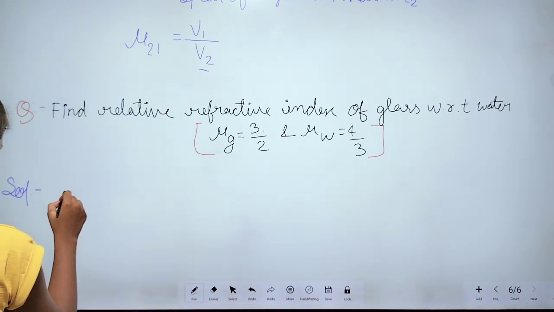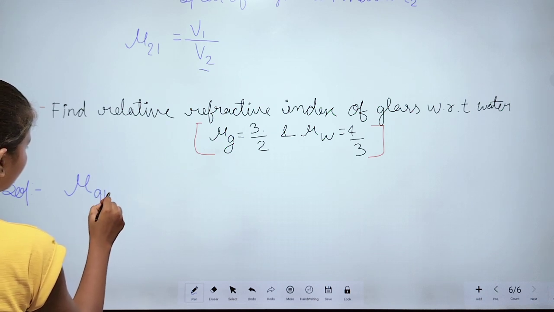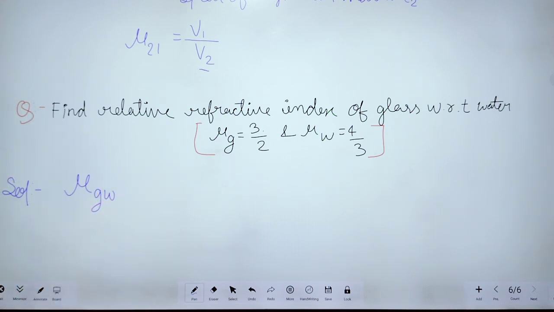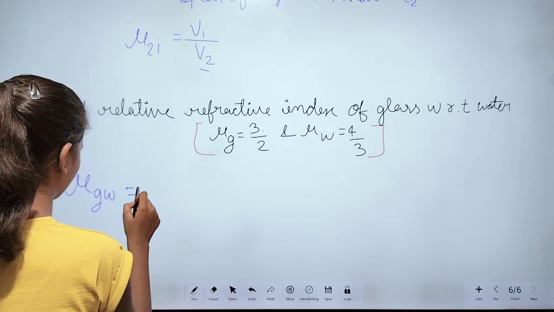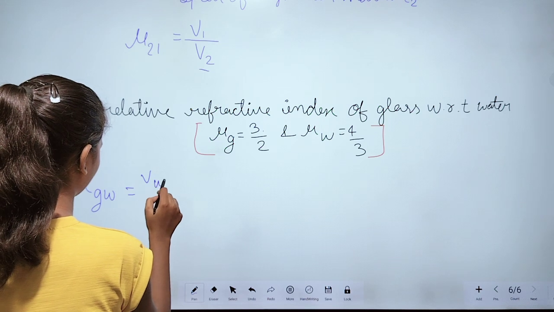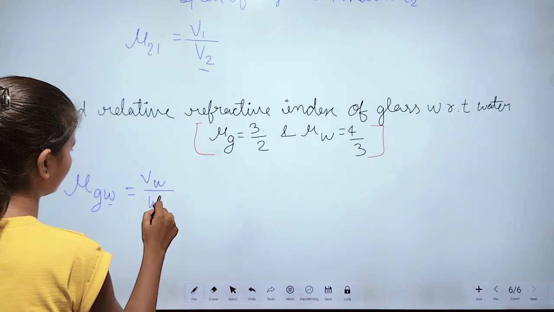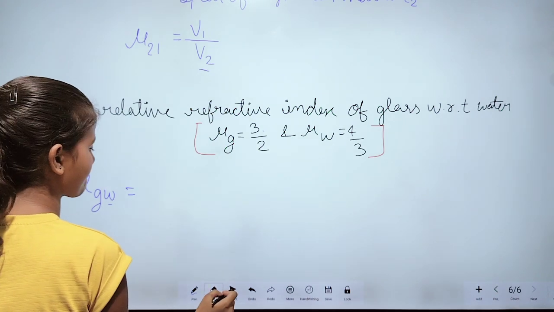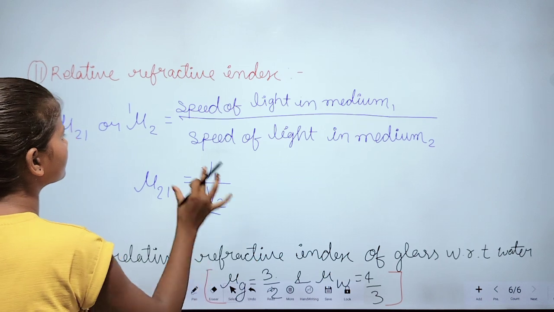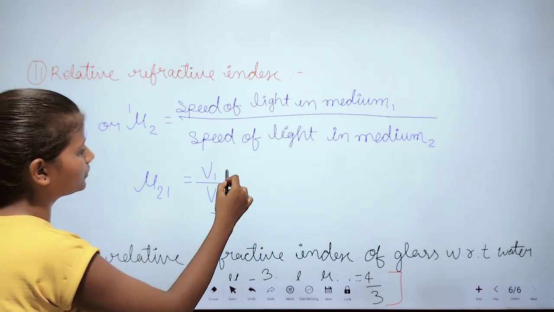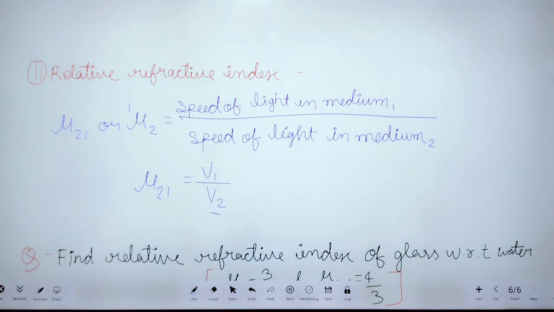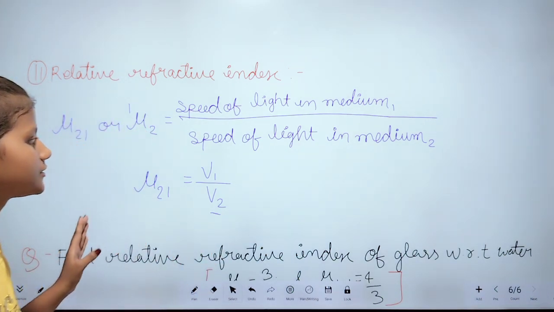So here mu g with respect to water is equal to VW by... mu21 is equal to v1 by v2, where v1 is the speed of light in medium first and v2 is the speed of light in medium second.